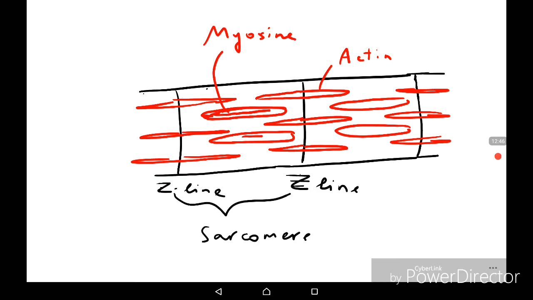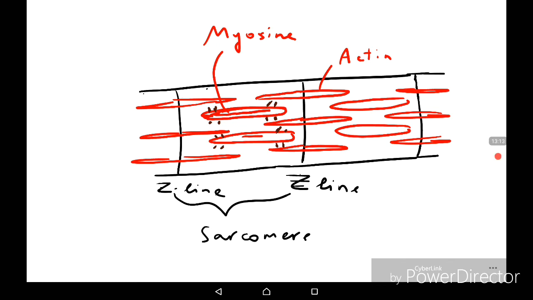The myosin produces the so-called heads. These are the myosin heads that are crucial for the sliding of actin and myosin filaments past each other.